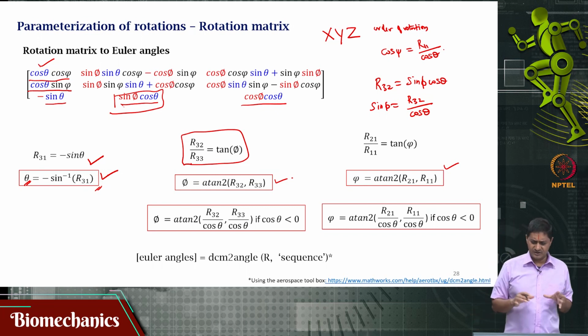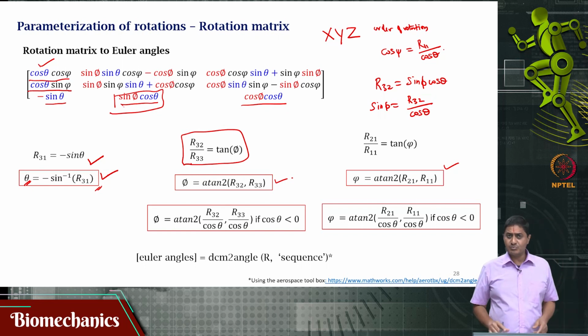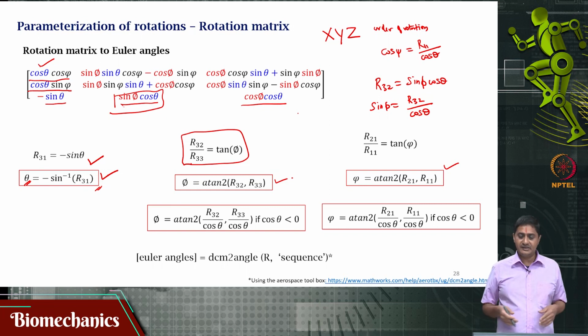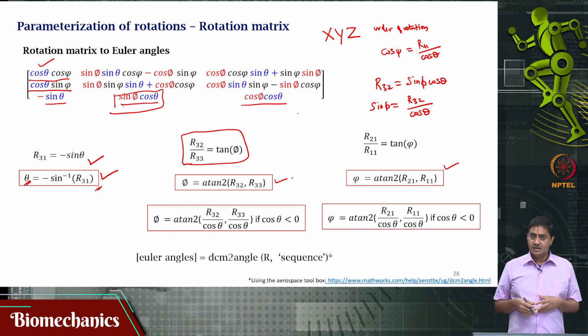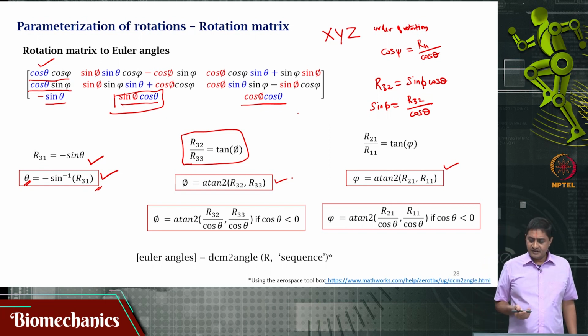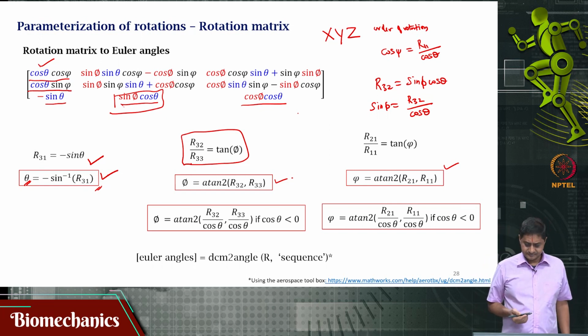There are many ways of doing this. There is no single way. This works for the most general case. So this is a simple case. I can straight away take R31, R32, R33 and R21 and R11, and I immediately get this. So using this I can find the Euler angles from the rotation matrices.